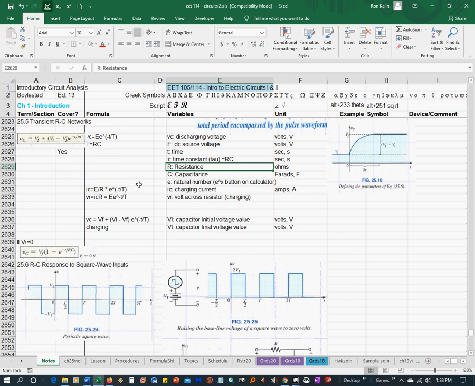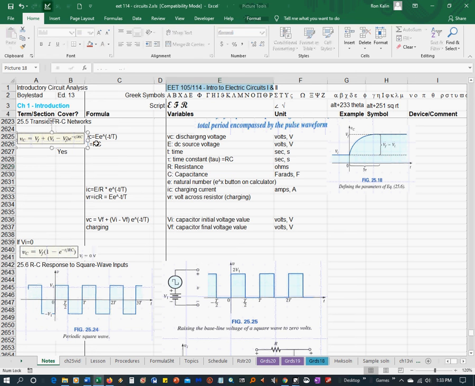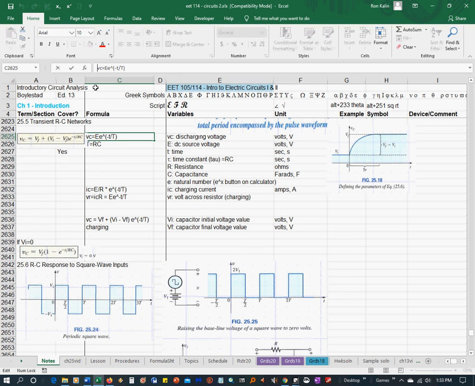So then we have this equation also. This should be tau, not big T, it's tau.